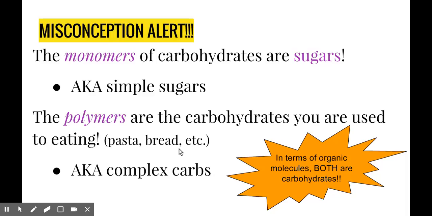So the polymers are things that we would find in our breads, our pastas. We catch this up in our everyday speech and the fact that we sometimes refer to sugars as simple sugars. And that's kind of describing their structural complexity, whereas we refer to our carbohydrates in our diet as complex carbs. So sugars and carbs from a molecular perspective are the exact same molecule, just different levels of complexity.